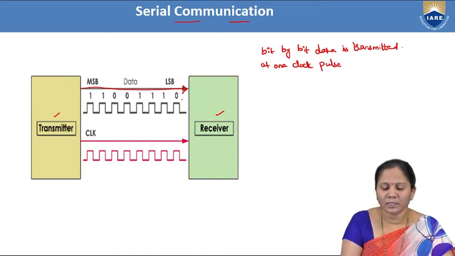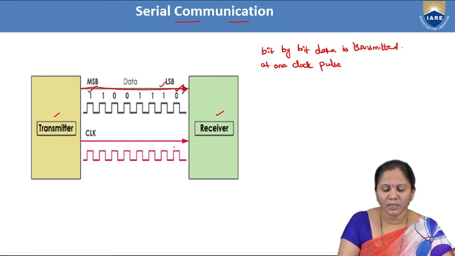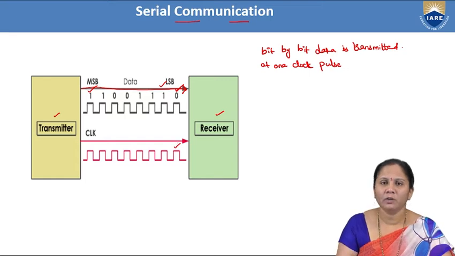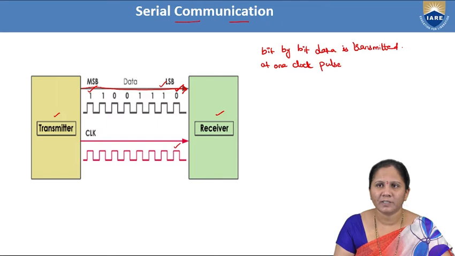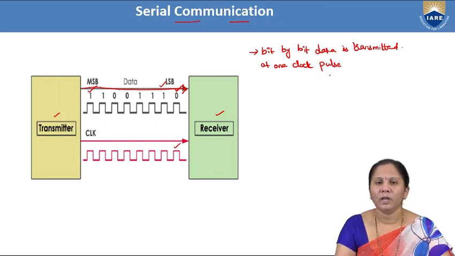If you consider this is the data, first the LSB bit will be sent, next this one will be sent, and like that, the last bit that will be transmitted is the MSB bit. For each bit transmission, we use one clock pulse. So for one clock pulse, one bit will be transmitted.